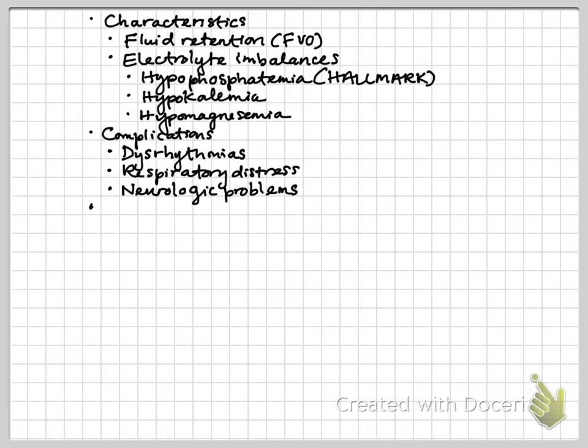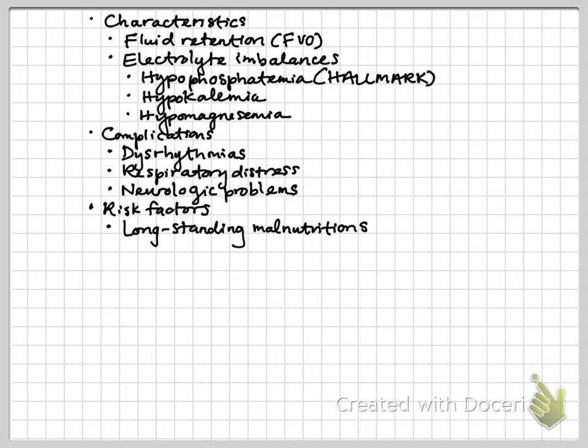Some risk factors that are associated with refeeding syndrome in particular include long-standing malnutrition states. So that would possibly include anorexia nervosa. That could include chronic alcohol, or ETOH.